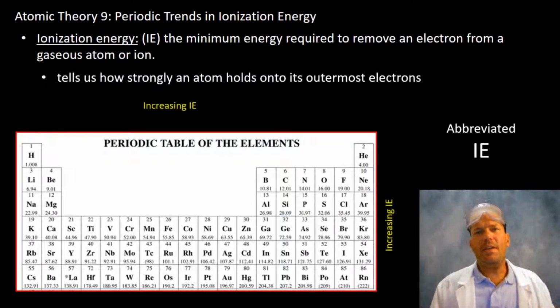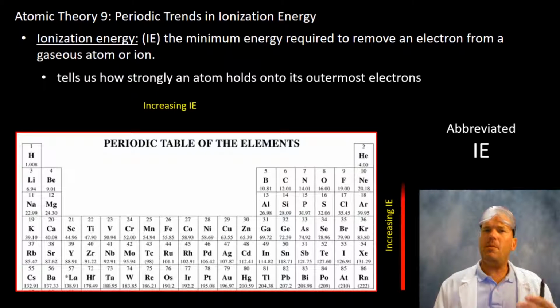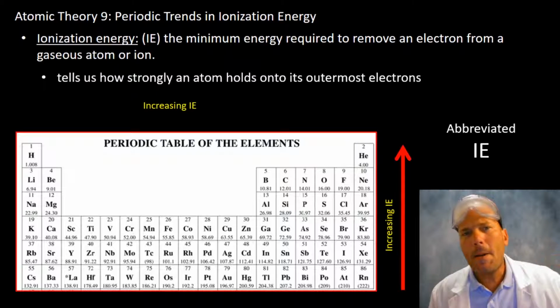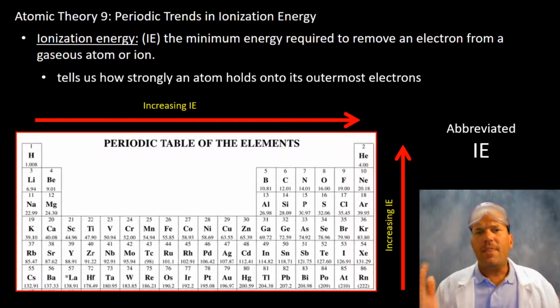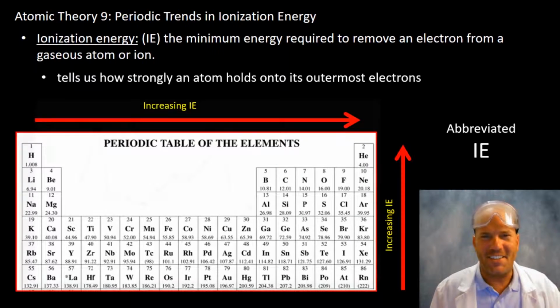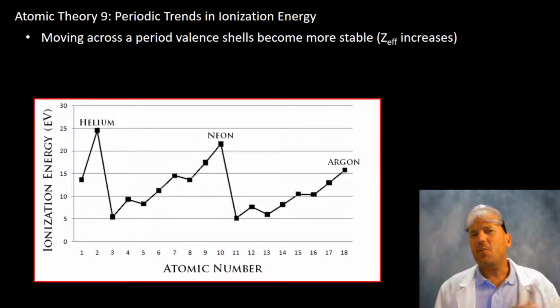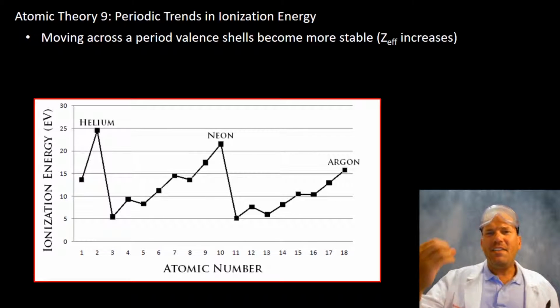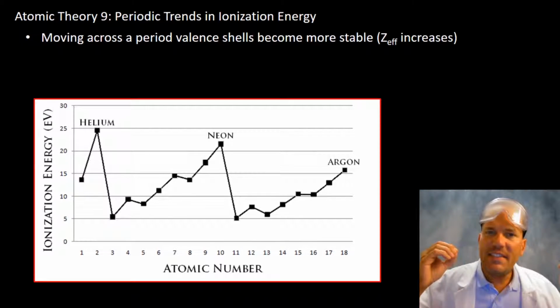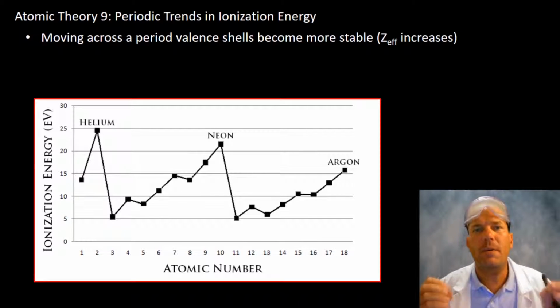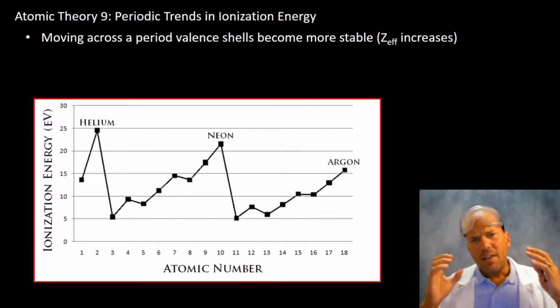And the trends that you're going to find on the periodic table are that as you move up a group or family or across the period, there will be increasing ionization energies. Moving across the period, valence shells become more stable. Why? Because the effective nuclear charge increases.